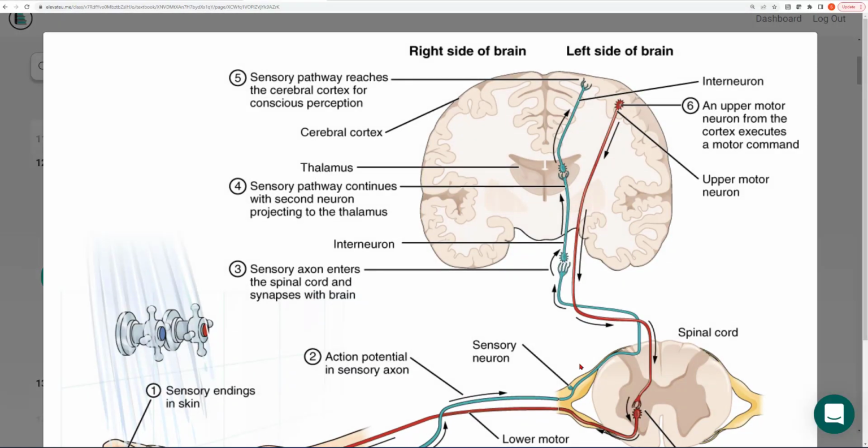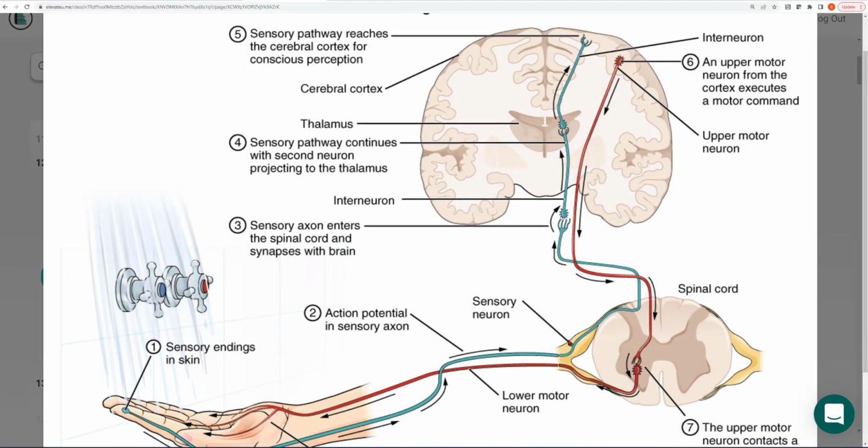If we zoom in on this, this is a unipolar cell body. Remember I told you unipolar cell bodies are going to be sensory neurons. If we zoomed in even closer, we would see some satellite cells wrapped around this cell body. So the signal comes into the spinal cord, okay?